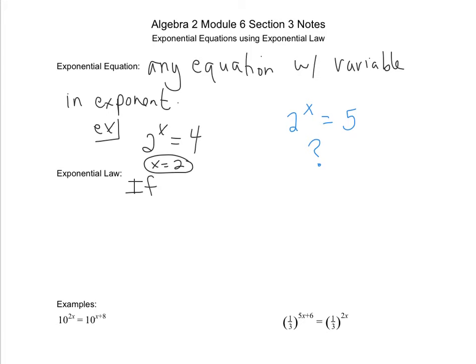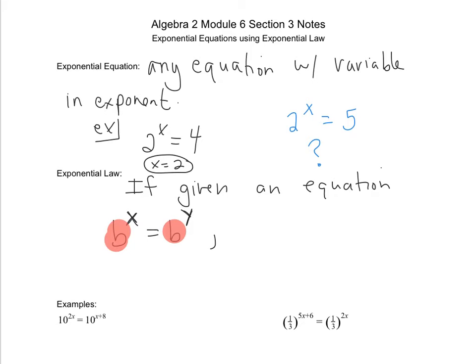If we're given an equation, and we'll say it's b to the big X equals b to the big Y, notice what's very important about this is we have two b's that are the same.